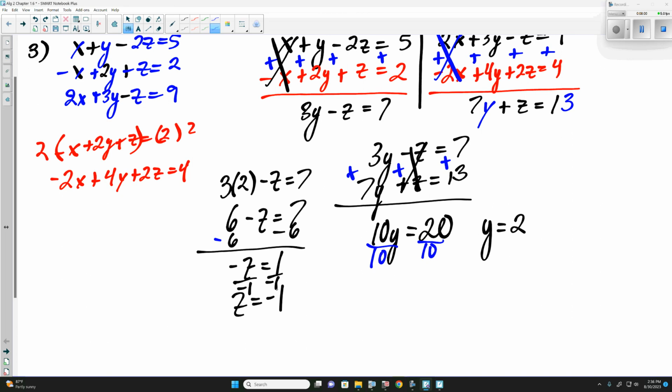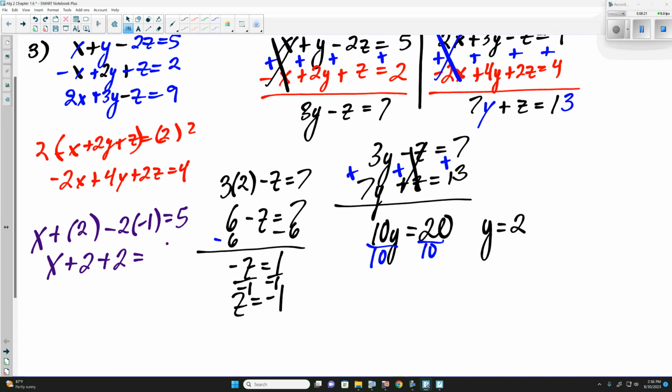That's so easy. And lastly, we have to plug it back in for x. And I know I'm running, that's purple. X plus our y value is 2, minus 2 times negative 1 is 5.